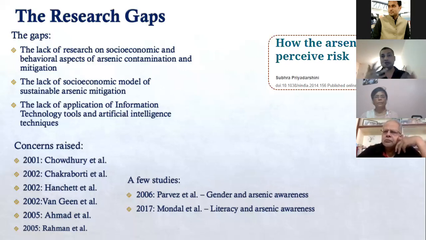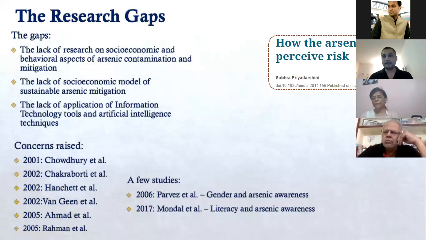Why? Because they don't perceive the risk. So risk perception plays a vital role in the decision making of adopting any preventive measures or any policy. And that work was featured in Nature Asia in 2014.